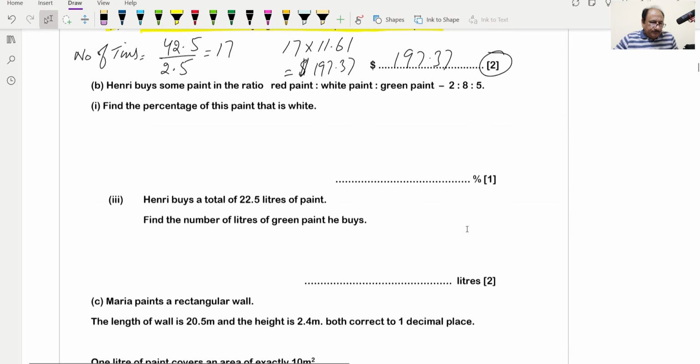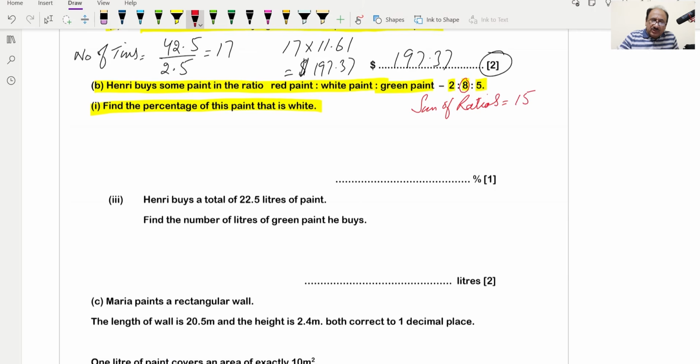Now part B. Henry buys some paint in the ratio red paint to white paint to green paint is 2 to 8 to 5. Find the percentage of this paint that is white. The white ratio is 8, and the sum of the ratios is 2 plus 8 is 10, plus 5 is 15.